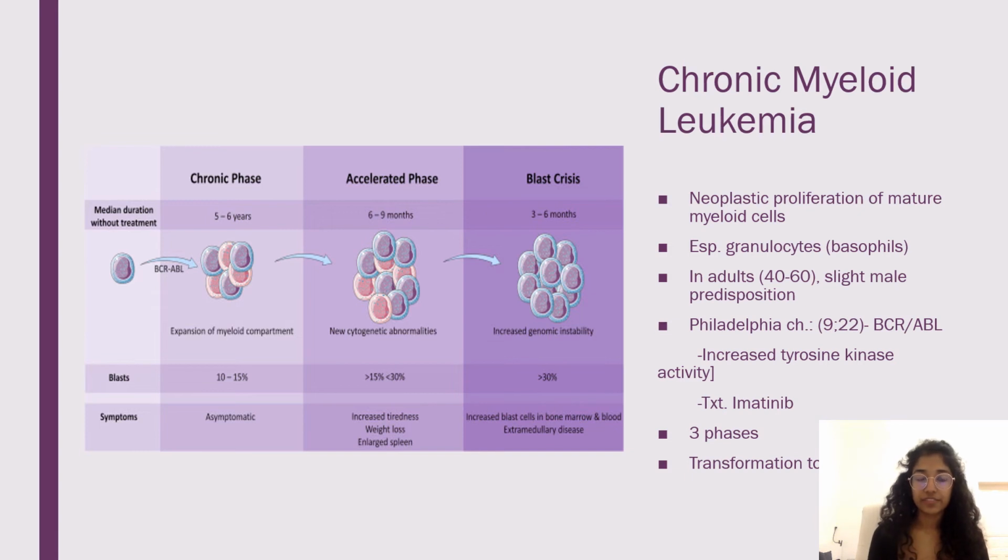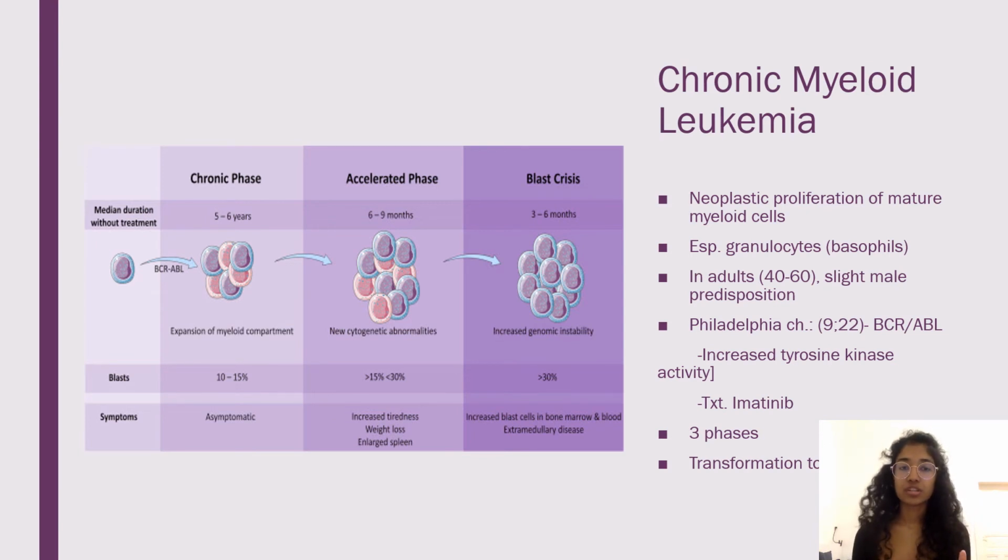This accelerated phase can transform during the transformation phase to either AML or ALL. That is, it can transform into acute leukemia. AML is more common, around 2/3 of the time it transforms into an AML state, whereas ALL is found in about 1/3 of the cases.